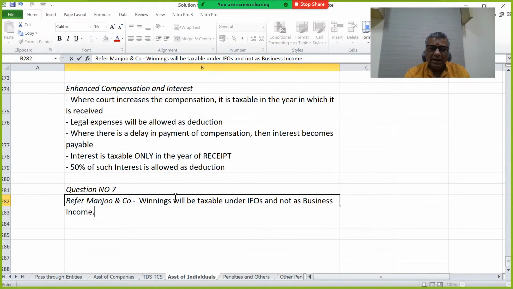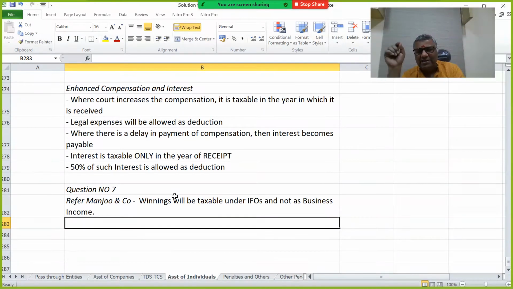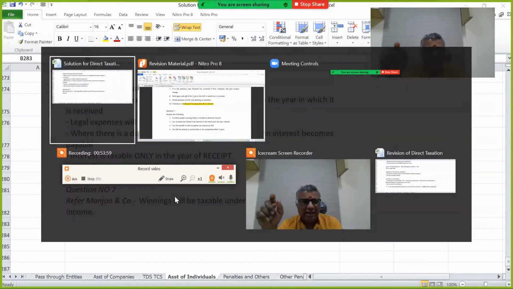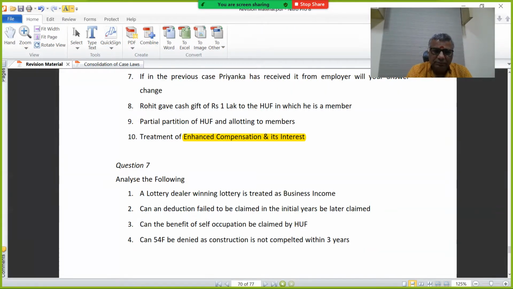Only the commission the lottery dealer gets will come under business income. Winnings is always winnings, even if it is by a lottery dealer.